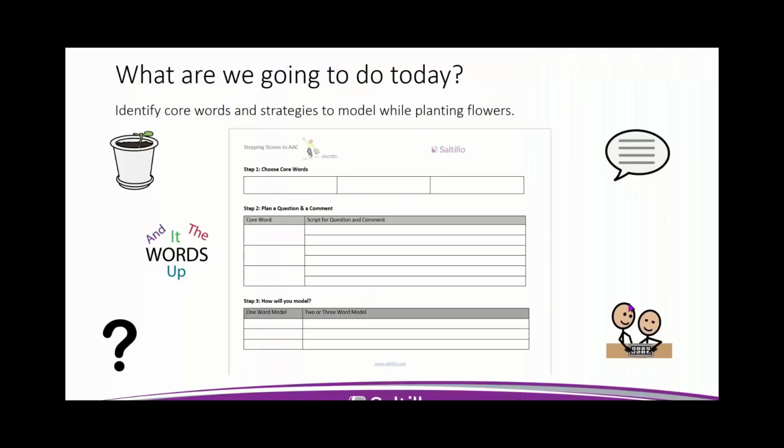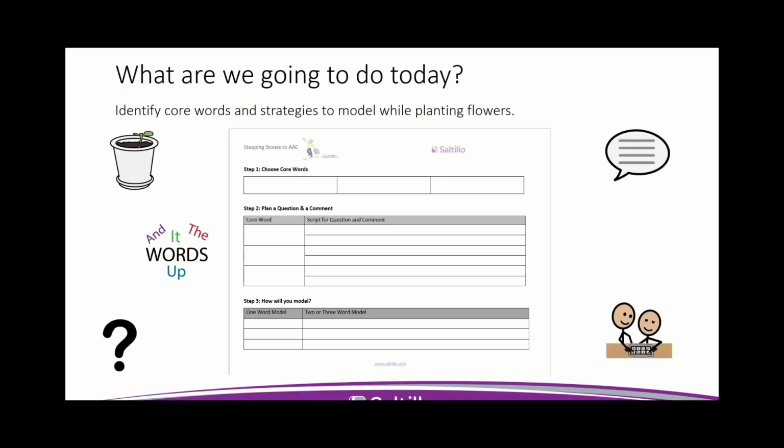Let me go over this form really quick. This handout is what we use for all of our trainings for the Stepping Stones series. First we will choose 3 core words to go along with the activity that Heather will be doing tonight. Then we're going to go through different scripts that we can use in order to model questions and comments for our AAC users on their device in order to help prompt them to use either the target core word or to respond using that word.